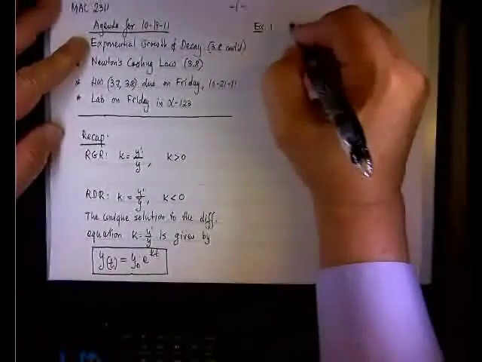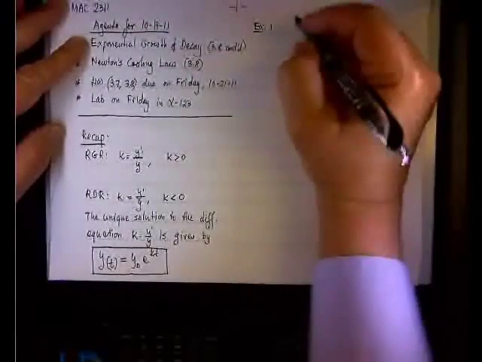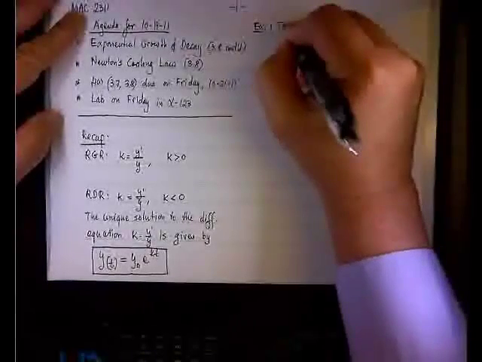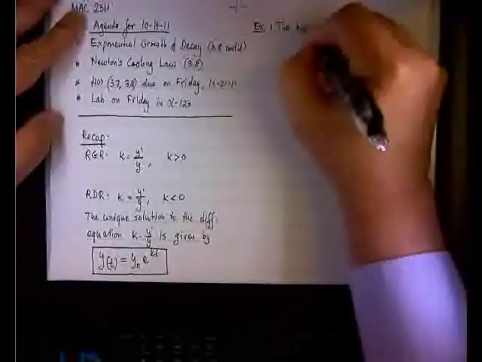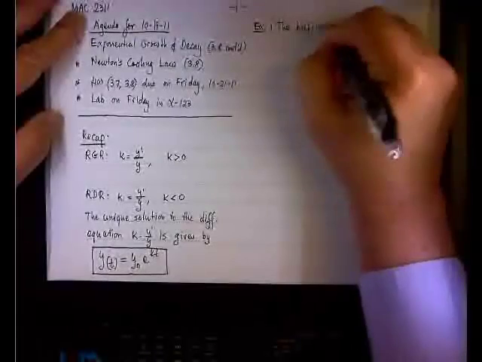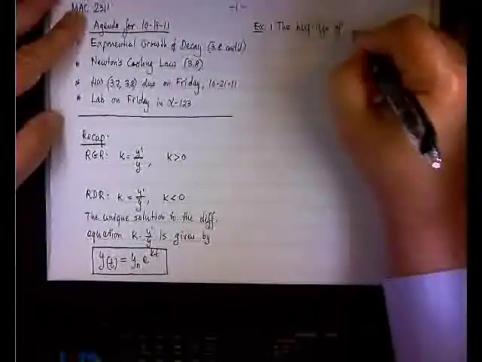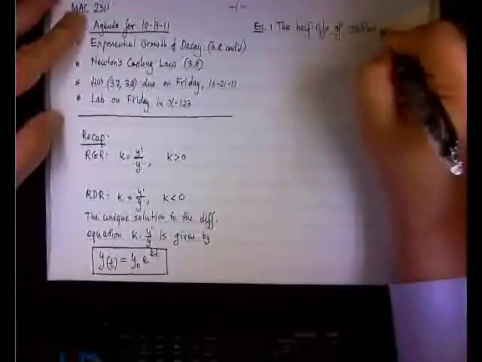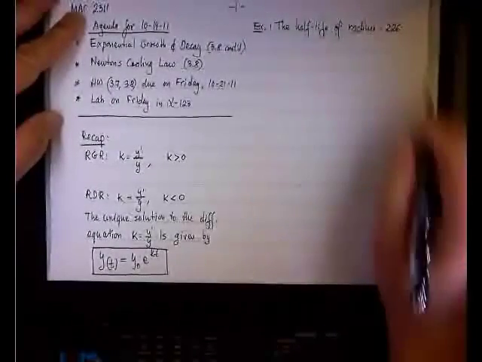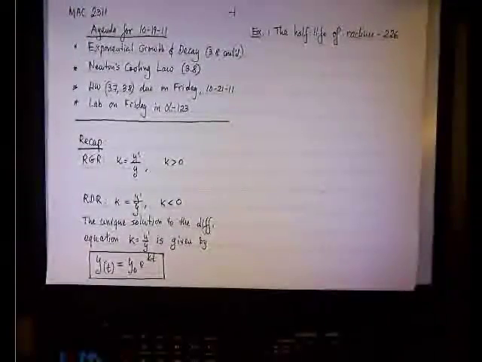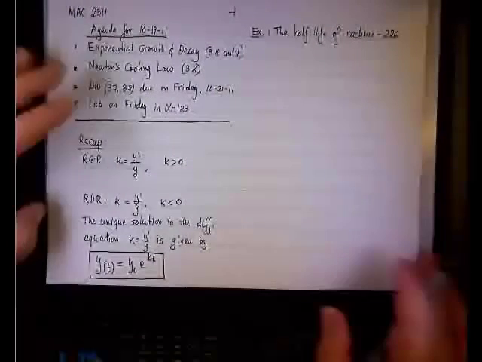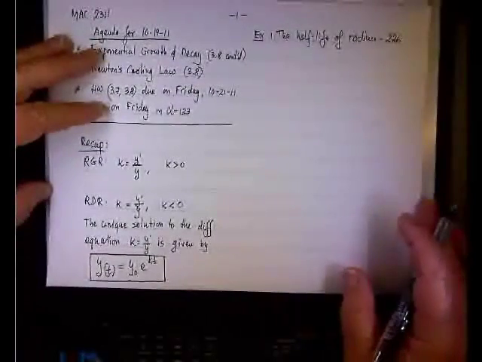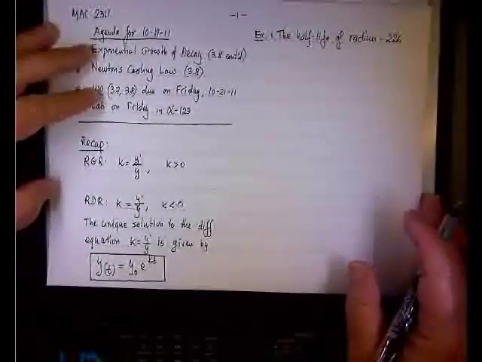The half-life of radium-226 is 1,950 years. Radium, one of the elements discovered by Marie Curie, the French/Polish physicist.